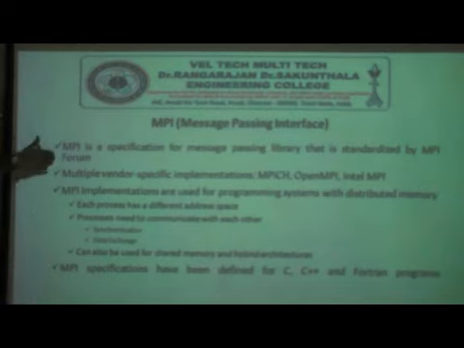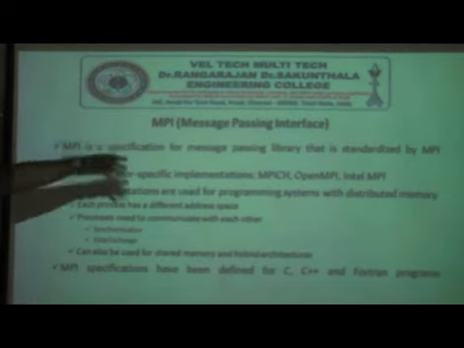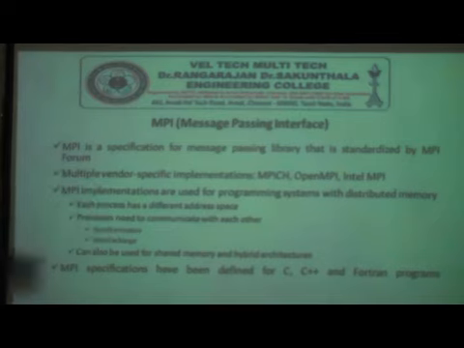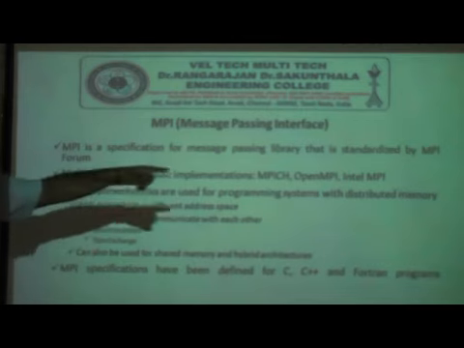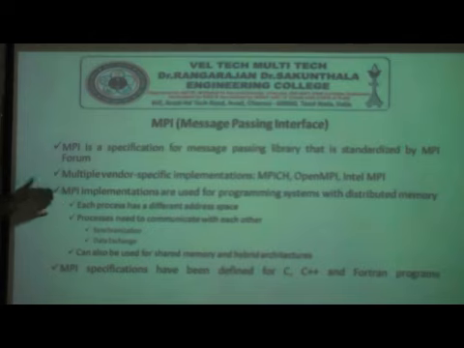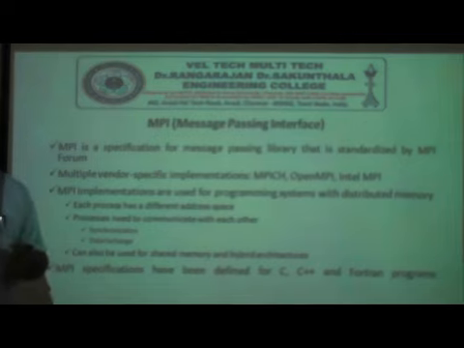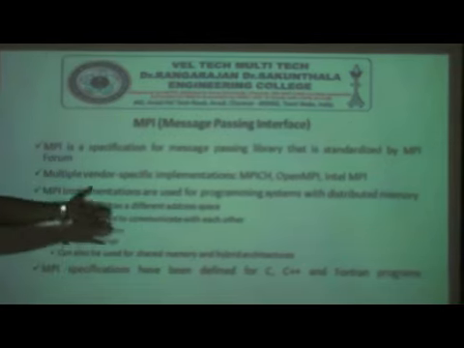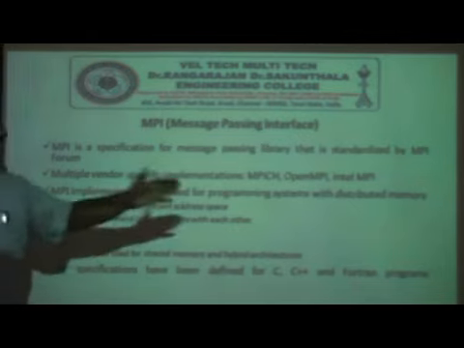First of all, MPI is the specification for a message passing library, standardized by the MPI forum. The main vendor for MPI is Intel, and then MPICH. Mainly it is used for distributed memory architecture. There are two different types of architecture available: one is symmetric, another is distributed.